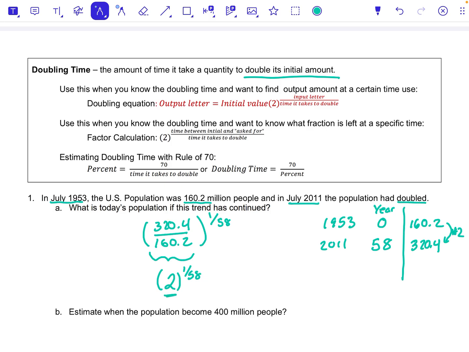The 2 here is what I wanted to draw your attention to, because if you go back up to this box, you'll notice that instead of that 1 plus r, our parentheses are filled with just the 2. Because we're looking at a growth factor of 2, we're multiplying by 2 to make that change. But it's not over a single unit of time.